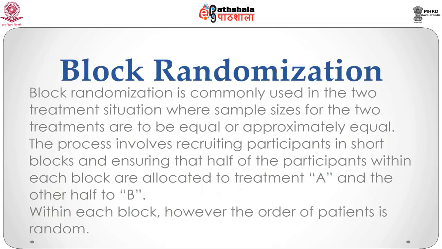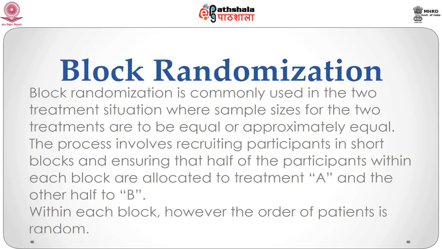When we perform sequential randomization, a common popular technique is block randomization. Block randomization is used in a two treatment situation, for example, when the sample sizes for the two treatments are to be equal or approximately equal.